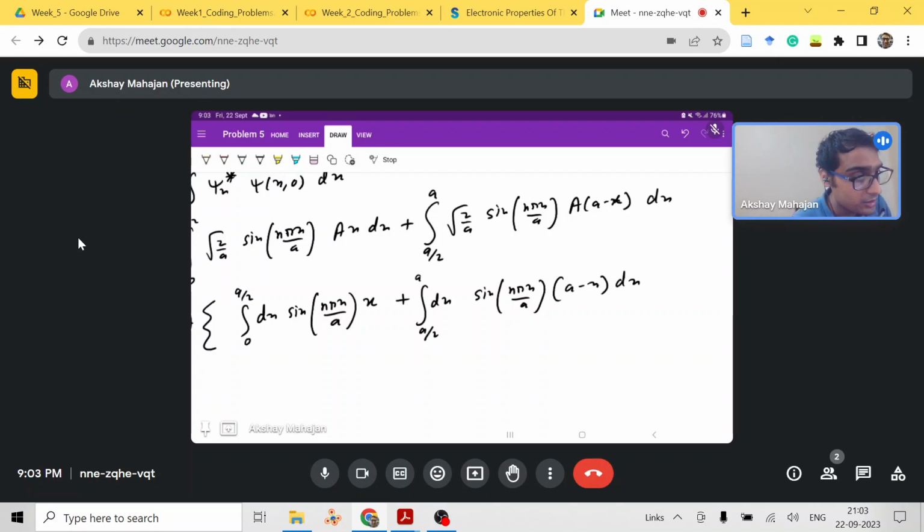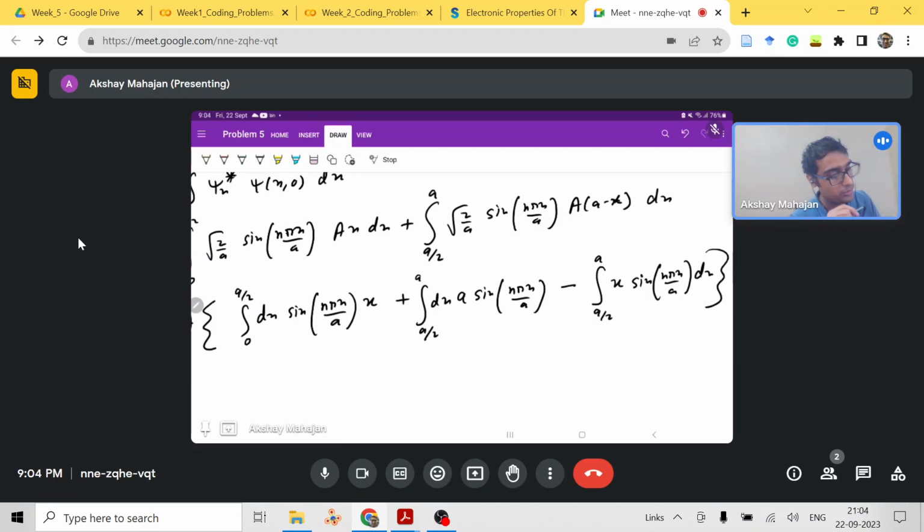What I can do is open a minus x, so one will be integration a by 2 to a of a sin n pi x by a dx, and I will have a minus integration from a by 2 to a of x sin of n pi x by a dx. Alright, because a minus x I can open and write this integral.